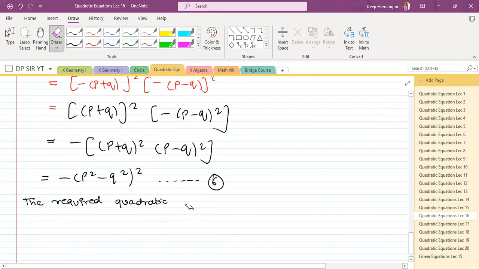now we just need to use the formula. The required quadratic equation is, what is the formula? X square minus alpha 1 plus beta 1 x plus alpha 1 beta 1 is equal to 0.